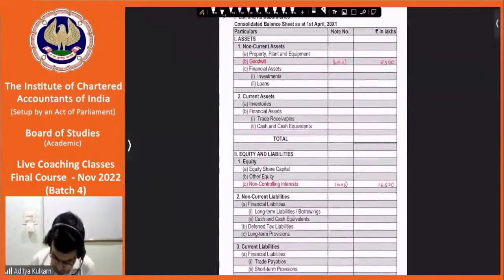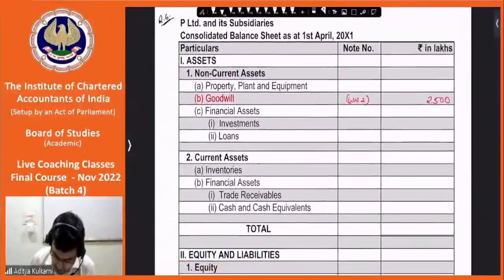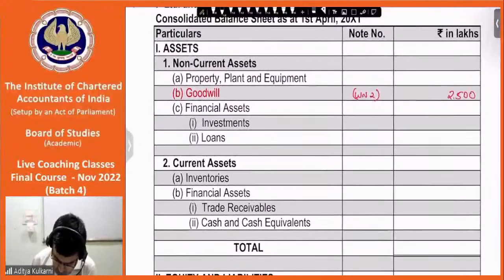Okay, just populate these figures. Property, plant and equipment was appearing at 1,51,000 from note number 1.